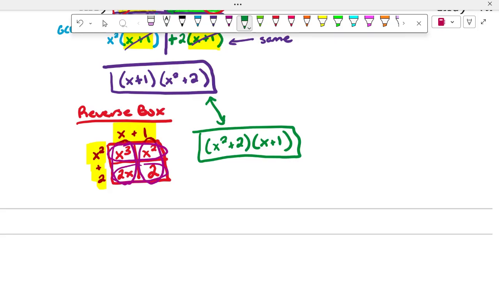When I was in school, the T method was the way that I learned. I didn't actually learn reverse box until I started teaching, but I like it a bit more than the T method. But again, to each their own. I just say try both. Maybe switch up, and see which one you like better. That's the way to go about it.